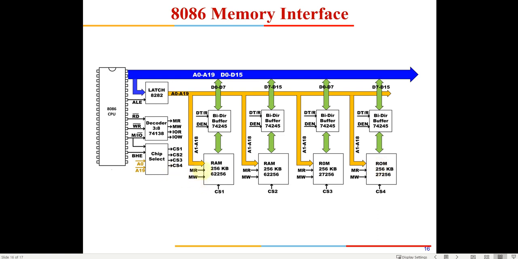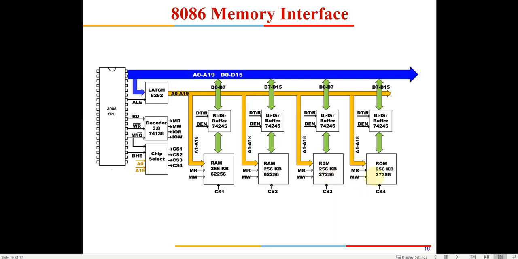So instead, I give line A19, the most significant bit, to a chip select logic. If it is 0, I select the RAM chips, and if A19 is equal to 1, I can select the ROM chips.